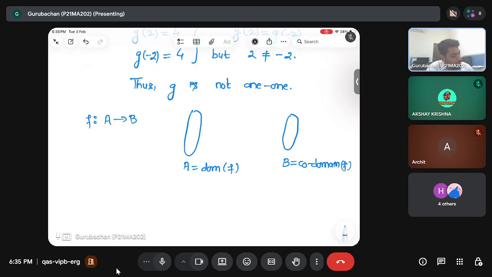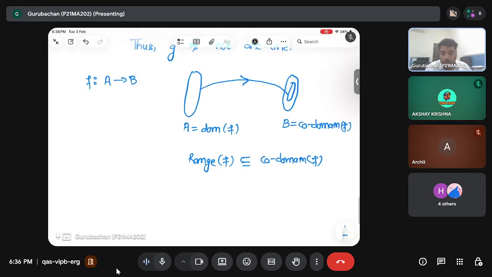It is mapped to some subset of this codomain, that is known as the range. So the range of f is a subset of the codomain of f. It might be equal or it can be a proper subset.